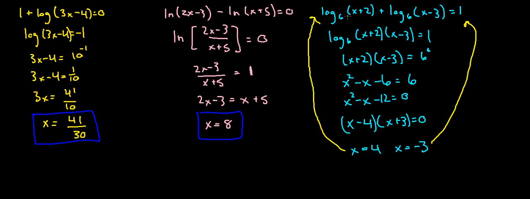So I put x is equal to 4 here. I have 4 plus 2, which is 6, so that's fine. I put 4 in here. 4 minus 3 is 1, and that's a positive number, so that's okay. If I put in minus 3, I get a negative number in here, so already this is out of the question. In here I have a negative number as well. So this is not a solution, but this one is. So I have one solution, and it is x is equal to 4.